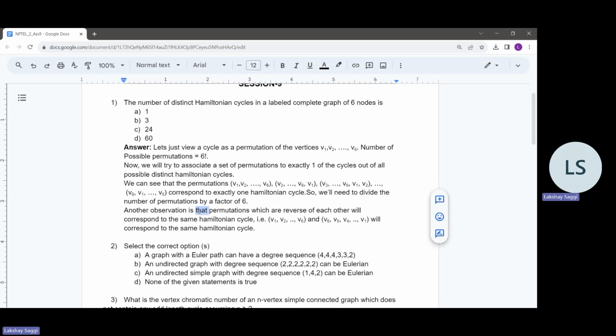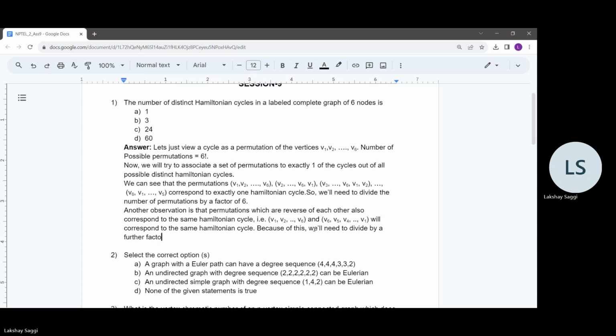Now, the next observation is that permutations which are reverse of each other also correspond to the same Hamiltonian cycle. Because of this, we'll need to divide by a further factor of 2.